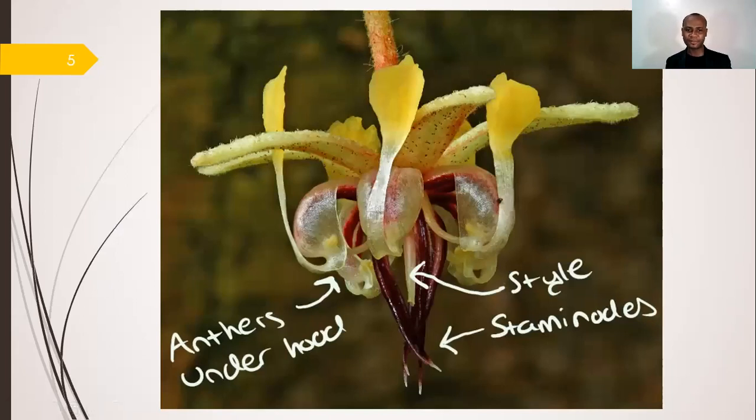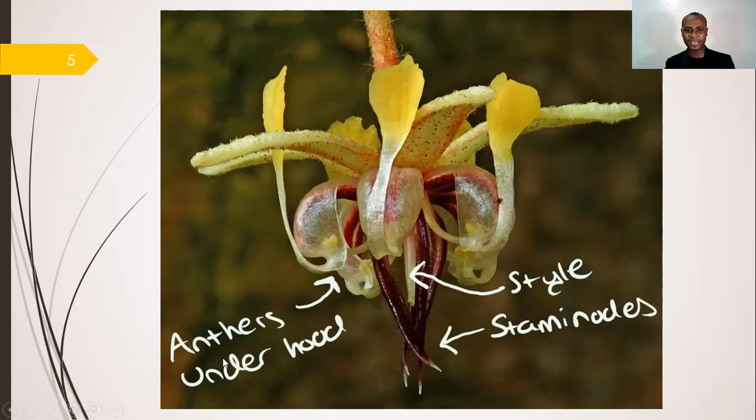Now, if you look at this, this is a very vivid picture which will help you to understand this very well. So earlier I mentioned the staminals. If you can see well, the style is hidden within the staminals. So it's like a covering for the female part of the flower.